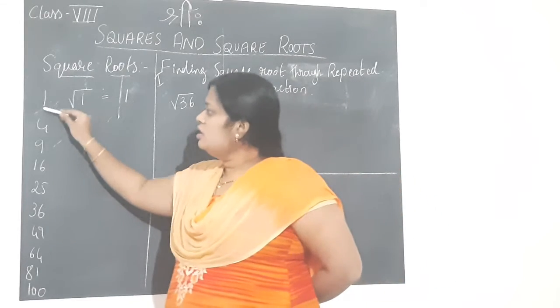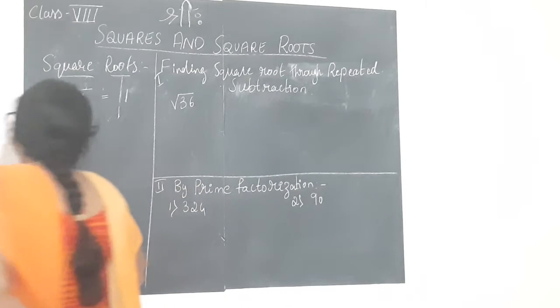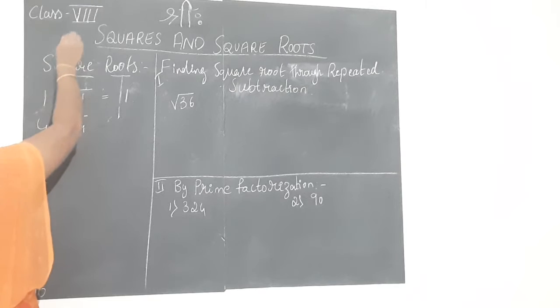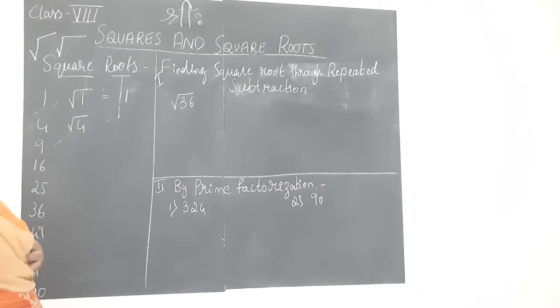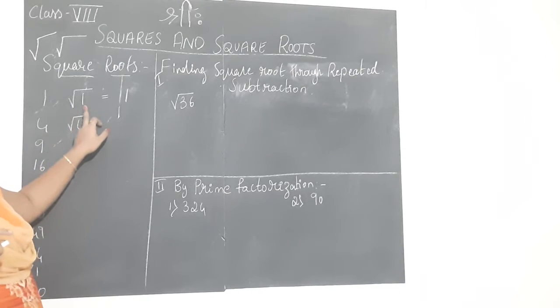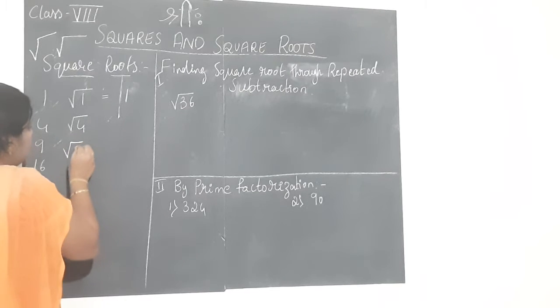Now, how to find the square root of a number? For all these perfect square numbers which we know, children, we shall put a square root symbol on them. Square root means like this. That is the notation. How do you read it? Square root of 1, square root of 4, square root of 9.